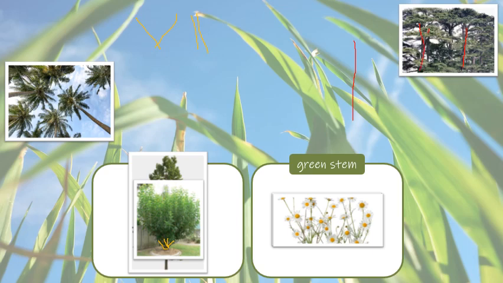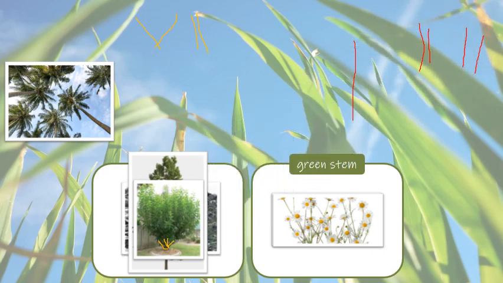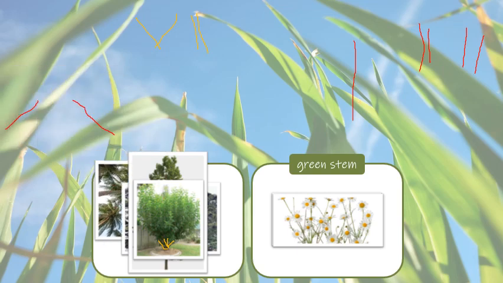How are they? Are they green or hard and woody? Hard and woody for sure. The palm trees. Look at the stem of each of these trees. How are they? Are they green? No, they are not. They are woody.